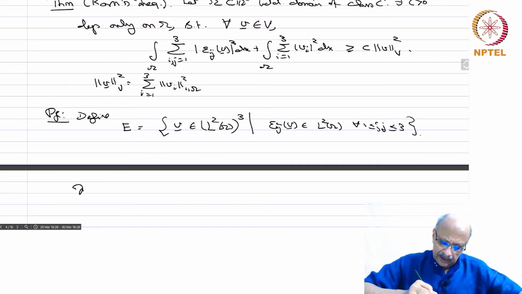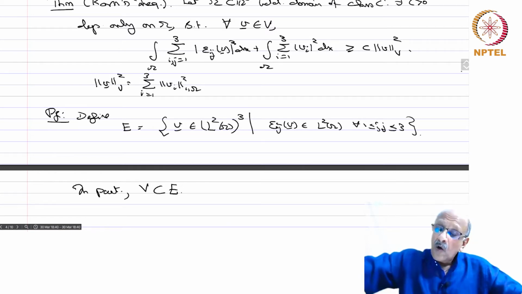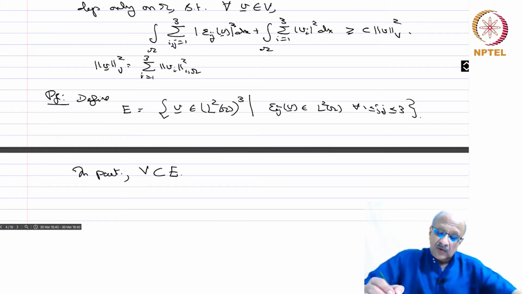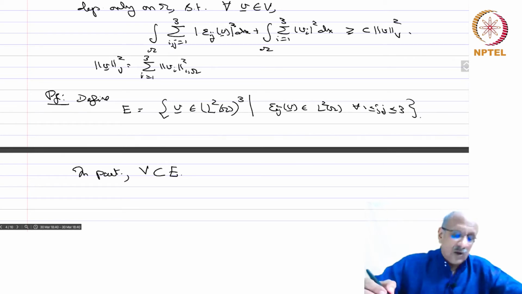So in particular V is contained in E, because if v is in H1, all the first derivatives are in L2, and therefore epsilon ij of v is also in L2. So automatically we have V is contained in E.